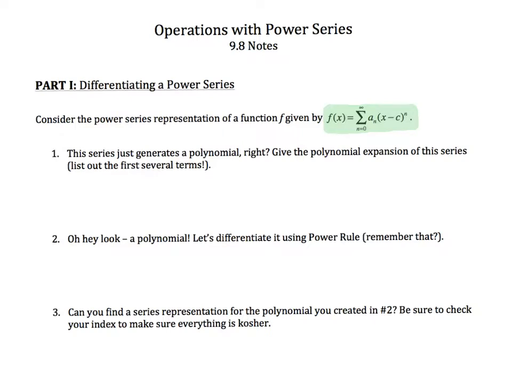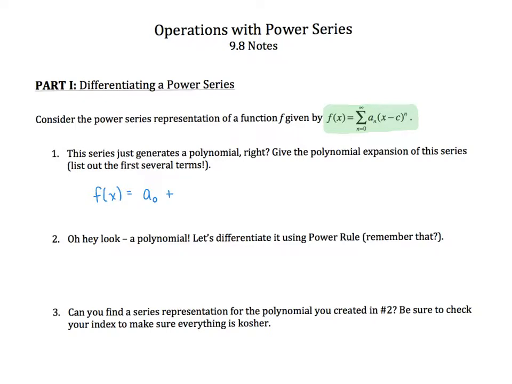All right, so here's a series, and it just generates a polynomial. I'm on number 1 right now. So let's just expand this by listing out a bunch of terms. In this case, we're going to have f of x equals, when n equals 0, a0 times (x minus c) to the 0, that's just going to be 1.